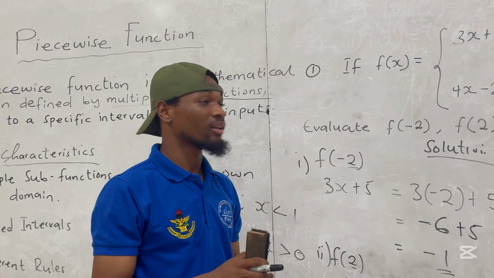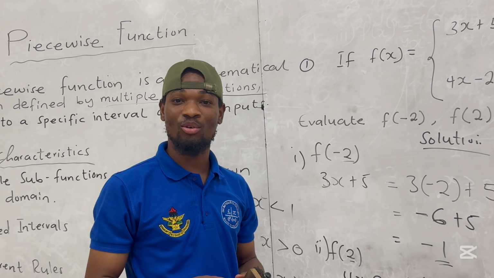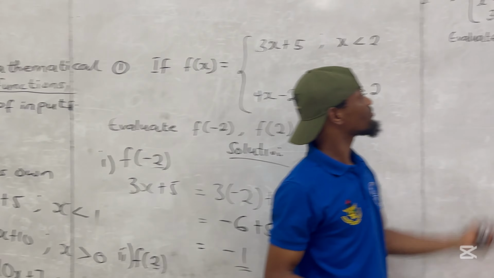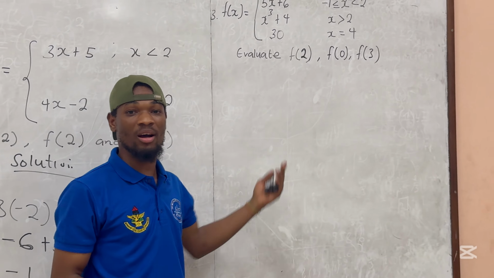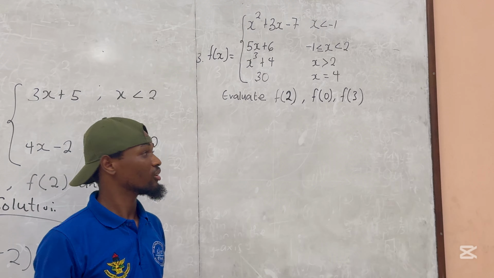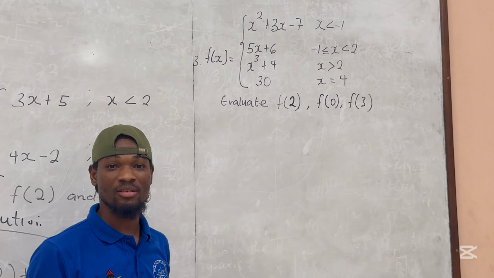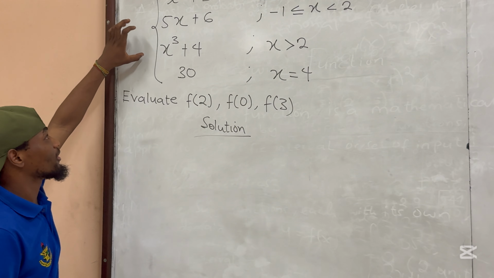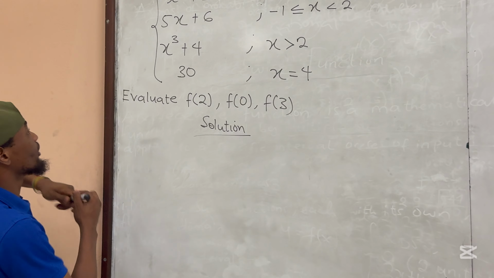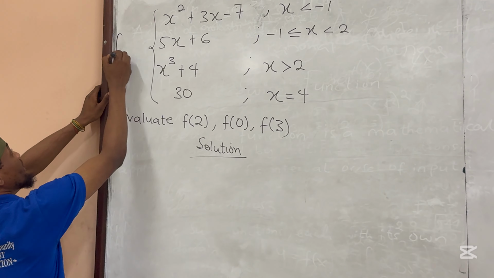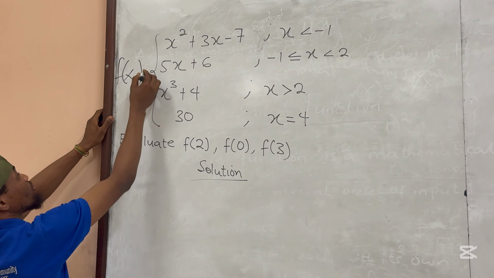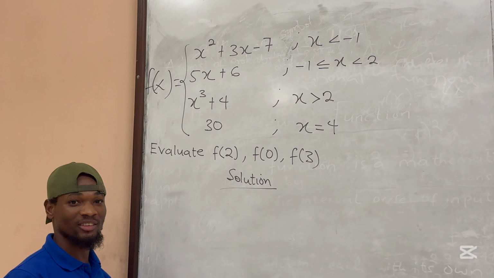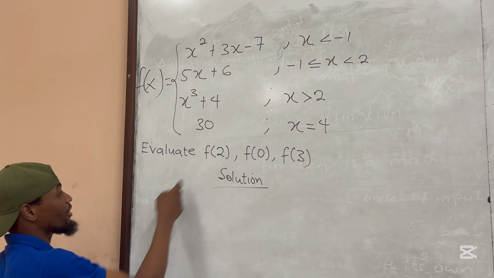Alright, so let's tackle the last question. Yeah, it seems bulky, but if you understand the concept, you realize that this is very, very simple. So let's say f of x is equal to this. You just know that this is a piecewise function. So evaluate f of 2.